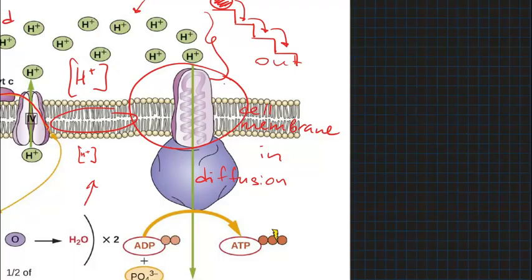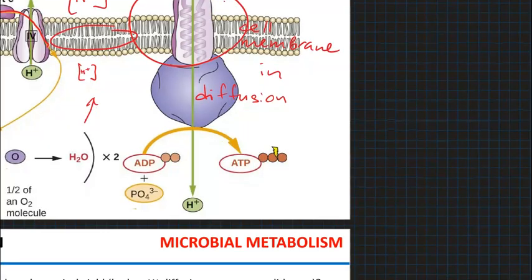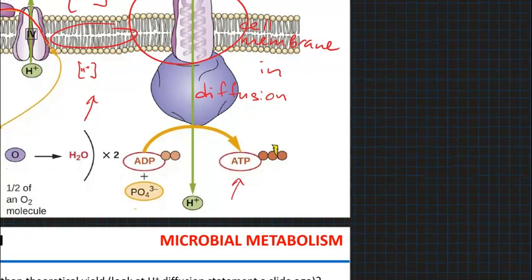Yeah, it's a movement. Movement entails kinetic energy. So essentially, the energy of moving hydrogen ions is what's used for the synthesis of ATP from ADP and phosphate. Okay?